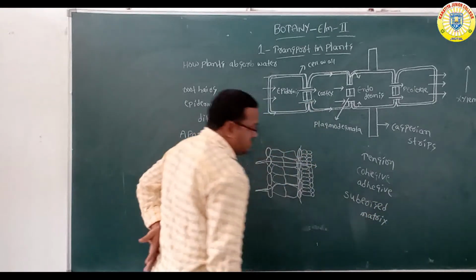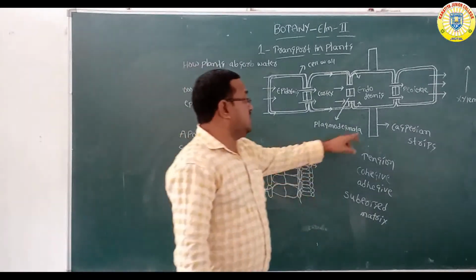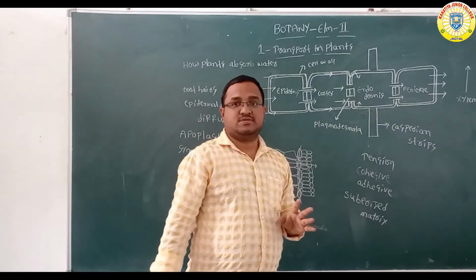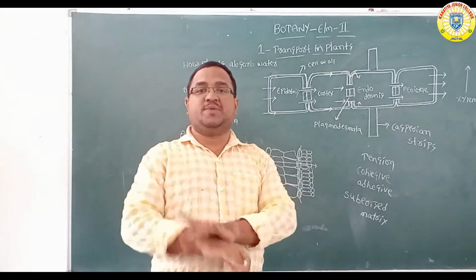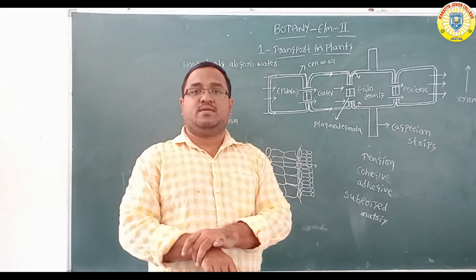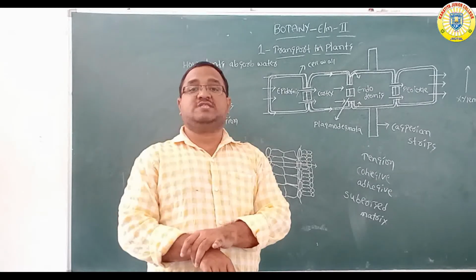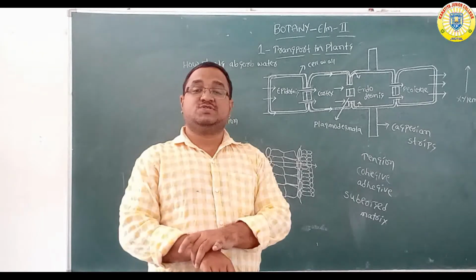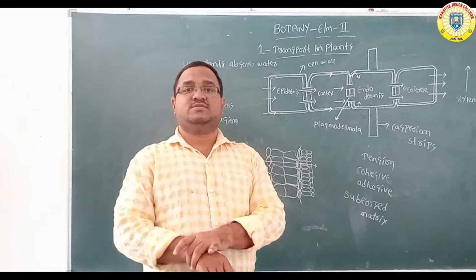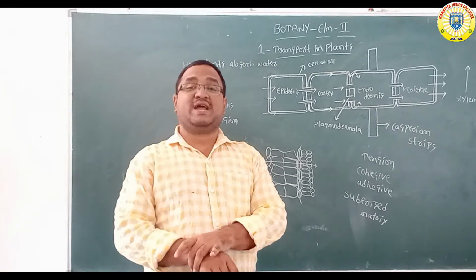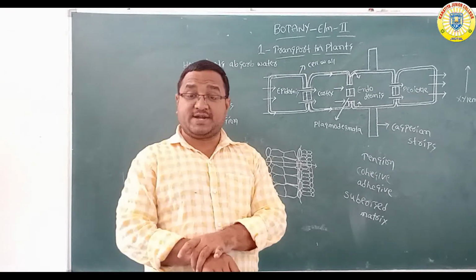These bands of suberized matrix are called Casparian strips. These Casparian strips are unable to allow the water through them. These Casparian strips are made up of suberin, the suberized matrix. These are impervious to water.